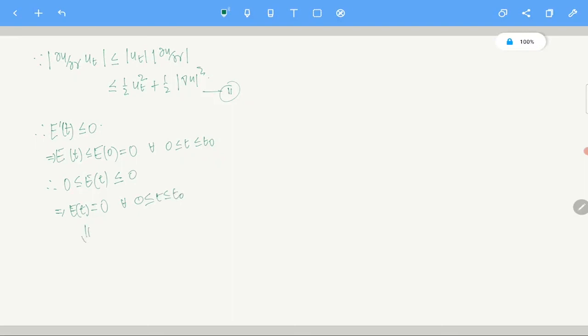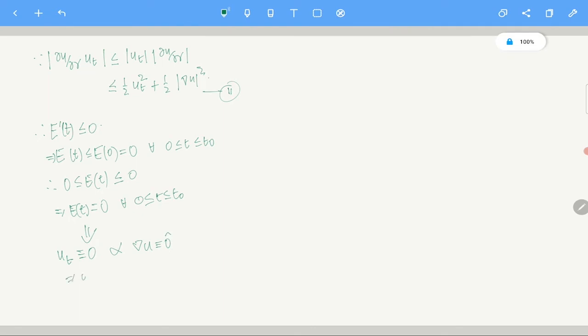What does that imply? That implies u_t equals, sorry, u_t is a real number, so u_t is identically equal to 0, and gradient of u is identically equal to 0. This 0 is a real number, this 0 is a vector.